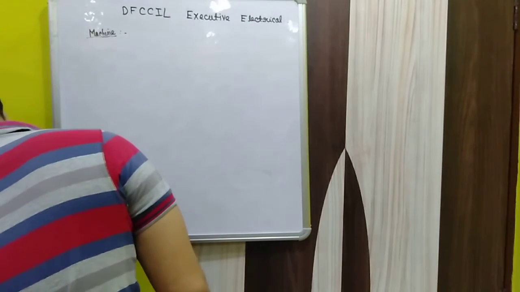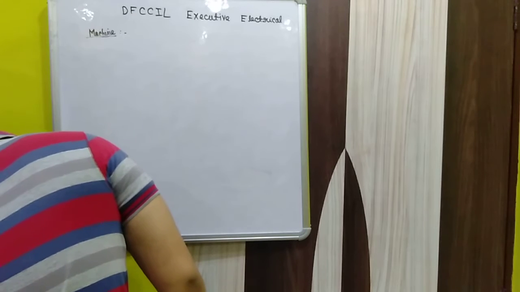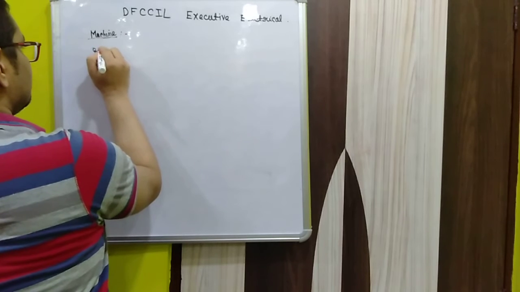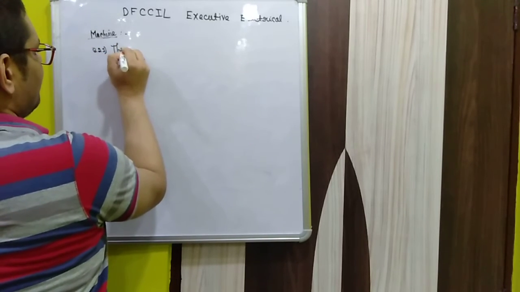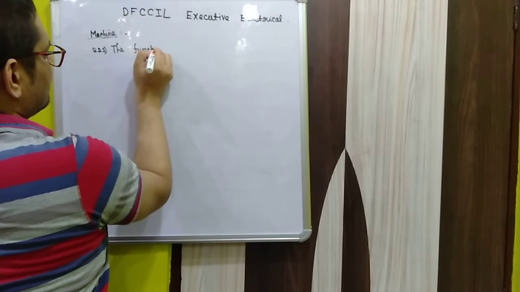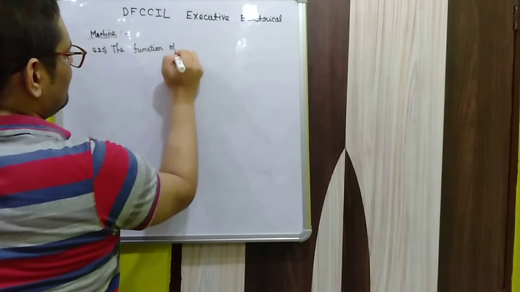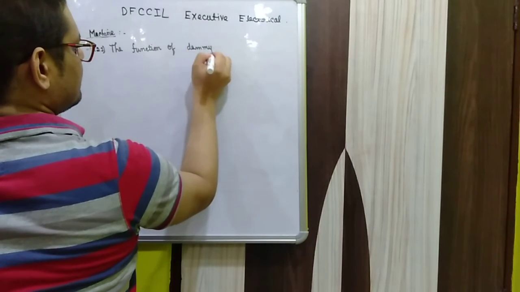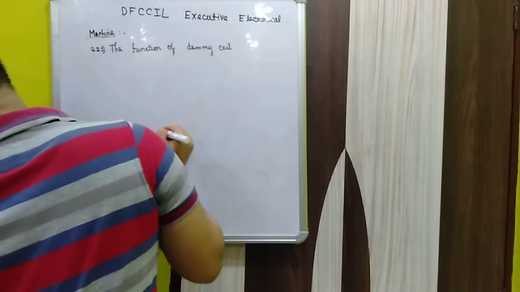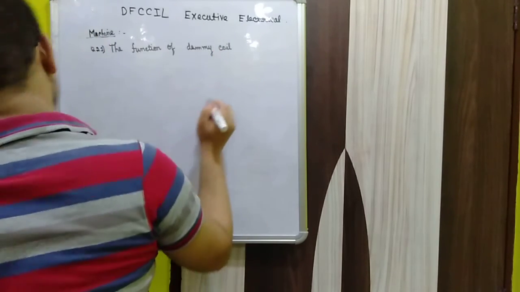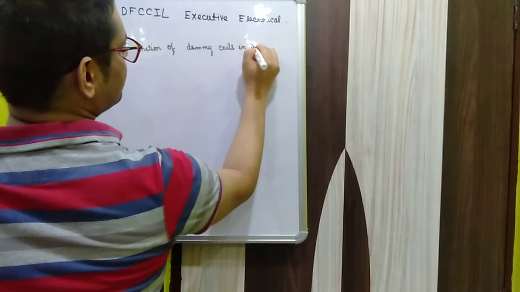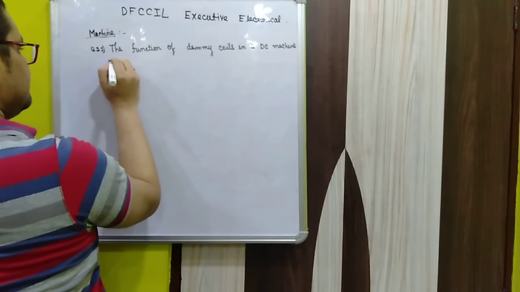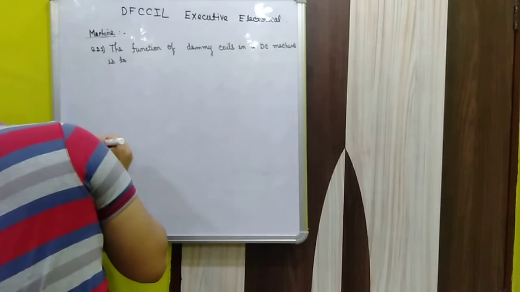Question number 21, they are asking the function of a dummy coil in a DC machine. Why is the dummy coil used in the DC machine?